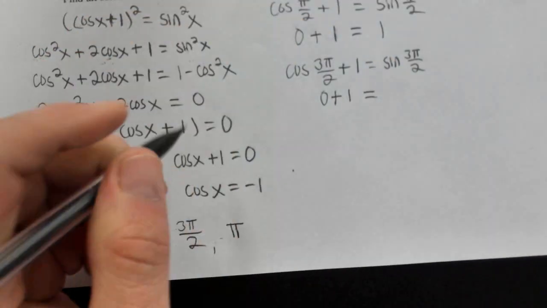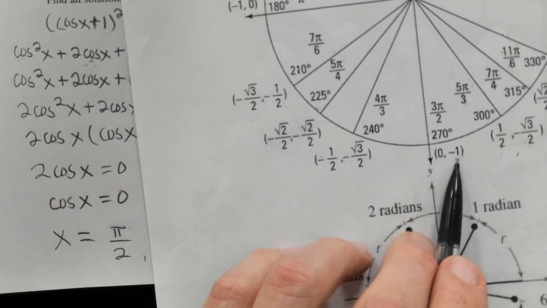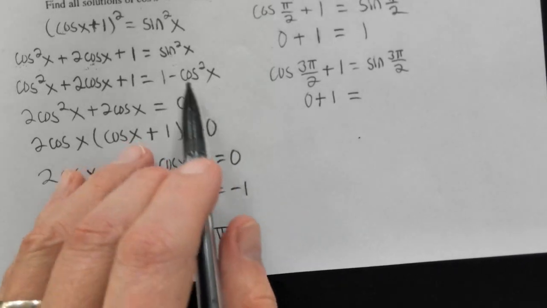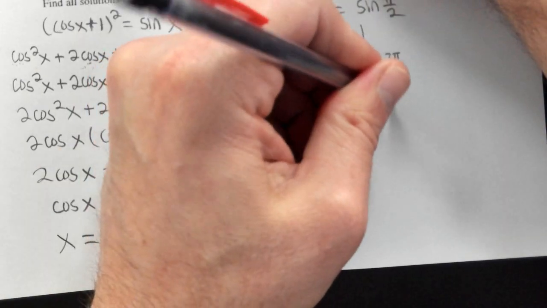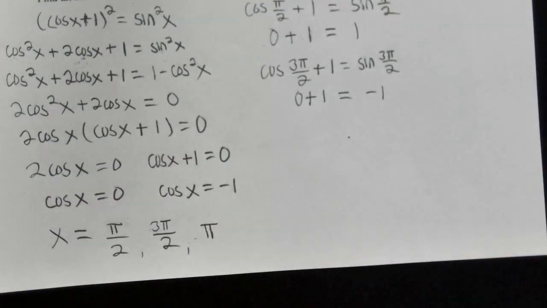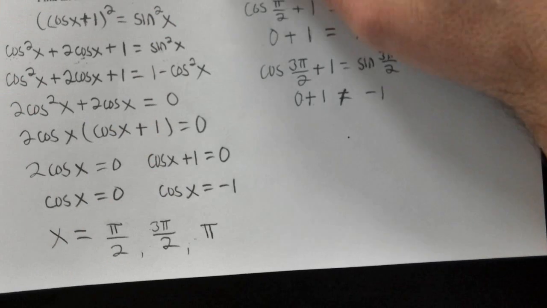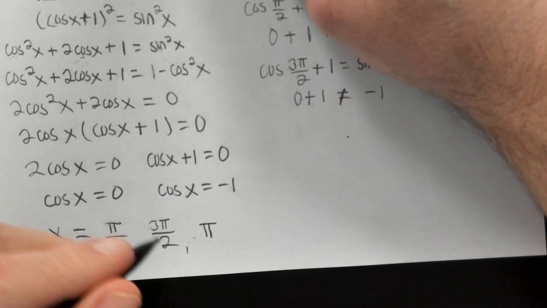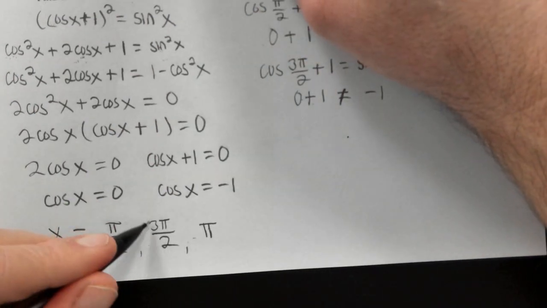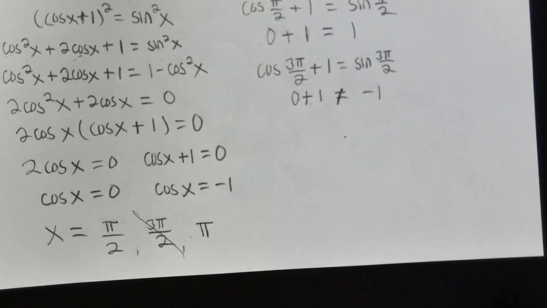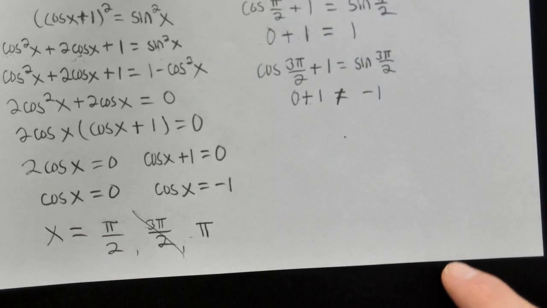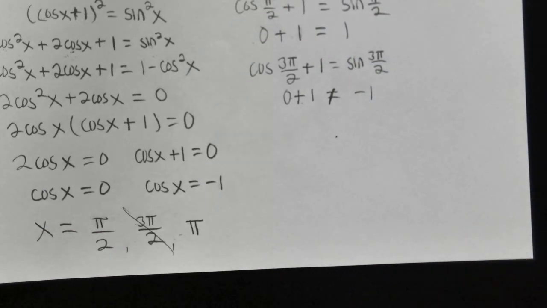We want to see if that equals the sine of 3 pi over 2, which is -1. And so, as you can see, 0 plus 1 does not equal -1. And so, actually, 3 pi over 2 is an extraneous solution. Throw it out. That one will not yield a correct answer to the original equation.